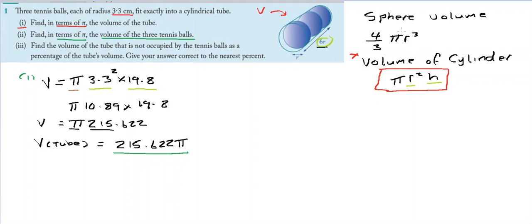We're going to be using spheres, so the sphere volume is equal to this. We use this formula here. So let's do that now. Let's say this is 1 tennis ball.